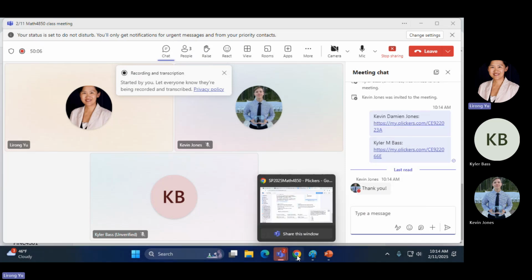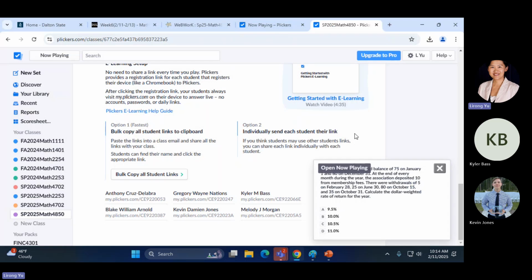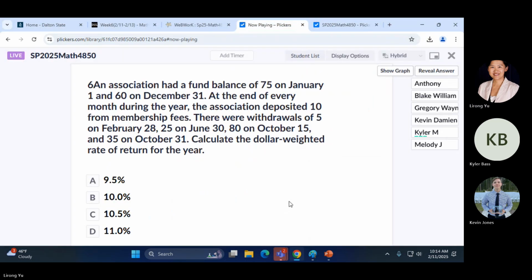Okay, try and see if you're able to follow the calculation. Here we are. All right, so first of all, we'll try to draw the timeline. I can copy that question down. Maybe we can do it together.